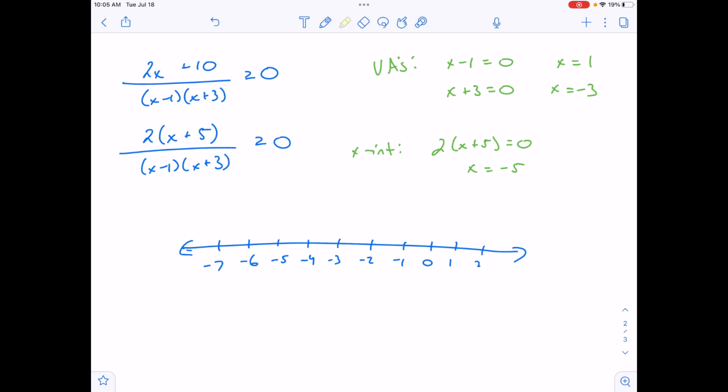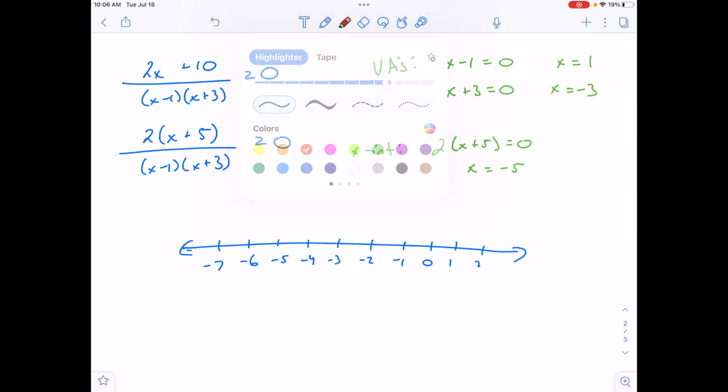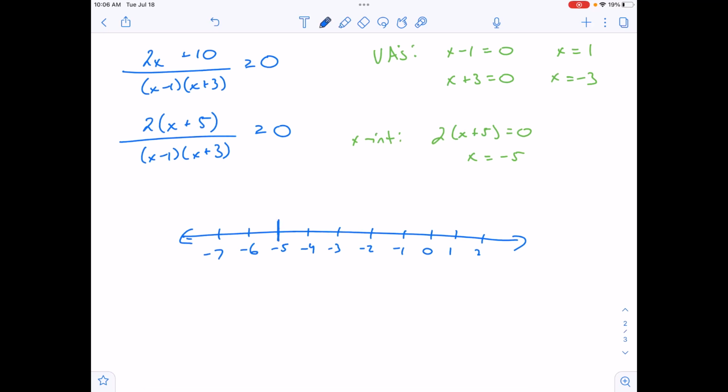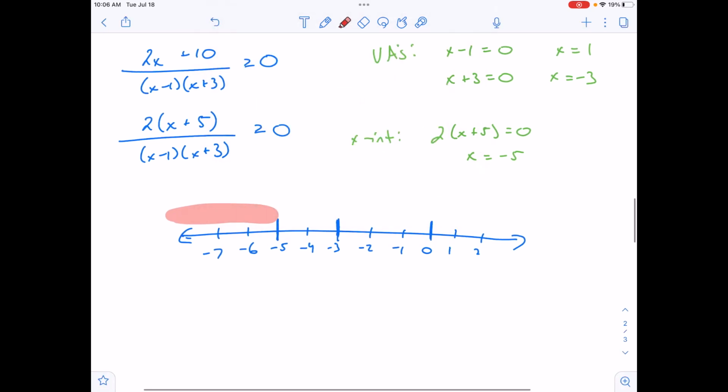Okay, so I've got 3 intervals that I'm working with because I have an x-intercept at negative 5, and then I have a negative 3, and I have a 0. So my first interval is everything between negative infinity and negative 5. The second interval will be between my x-intercept of negative 5 and my vertical asymptote of negative 3.